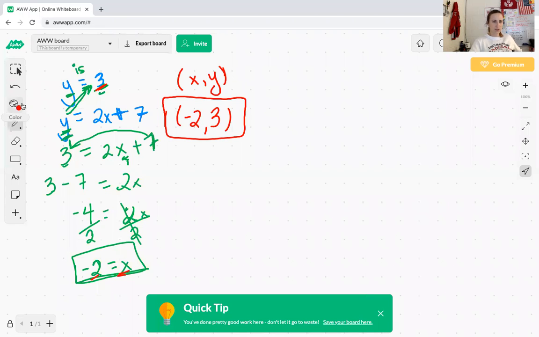The next one, we'll do that one in purple. It's like if we have ones that have 2 variables in them. So like we have 3x plus 2y equals 9, and if we have y equals negative 2x.